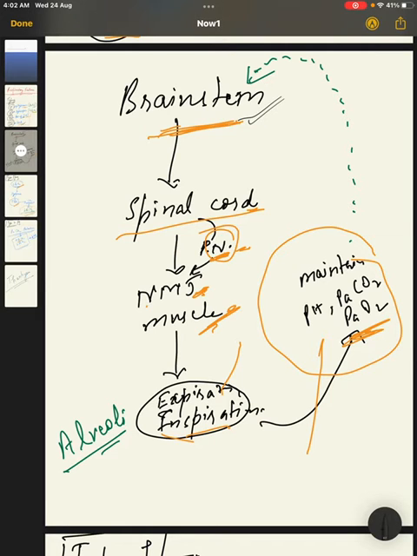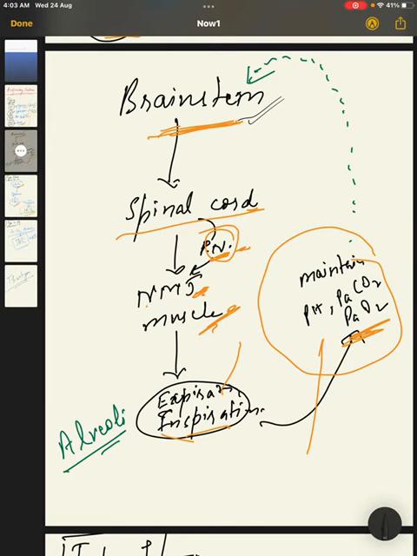Brainstem disorder, like central hypoventilation syndrome, will lead to respiratory failure. Spinal cord disorder, like amyotrophic lateral sclerosis, transverse myelitis. Peripheral nerve disorder, like Guillain-Barré syndrome. NMJ disorder, like myasthenia gravis, Lambert-Eaton syndrome, botulinum toxin, and OP poisoning, and a lot of causes in the muscles, myopathies.